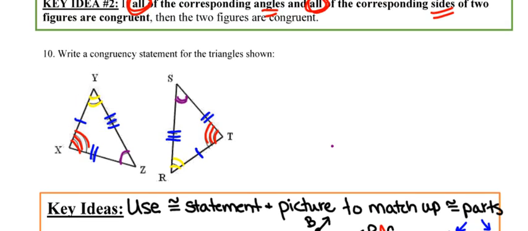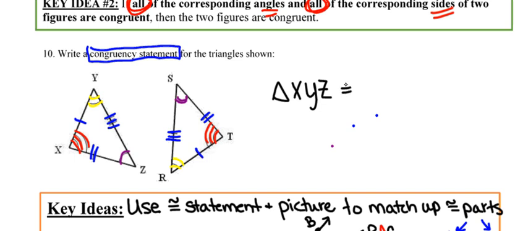So write the congruency statement. Well, the congruency statement is going to say this figure is congruent to that figure. So in the first triangle, triangle XYZ is congruent to, in the second triangle, and this is where I have to pair up and match up, T is going to match up with X, R is going to match up with Y, and S will match up with Z. And again, just be careful at how you pair those up and match those up.